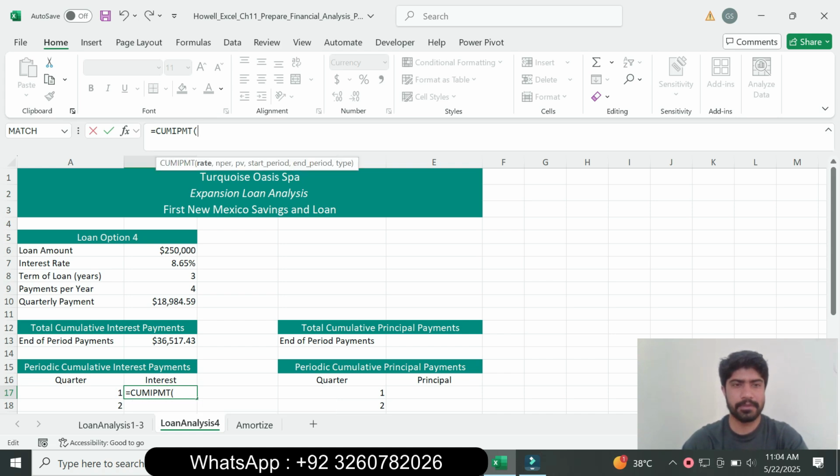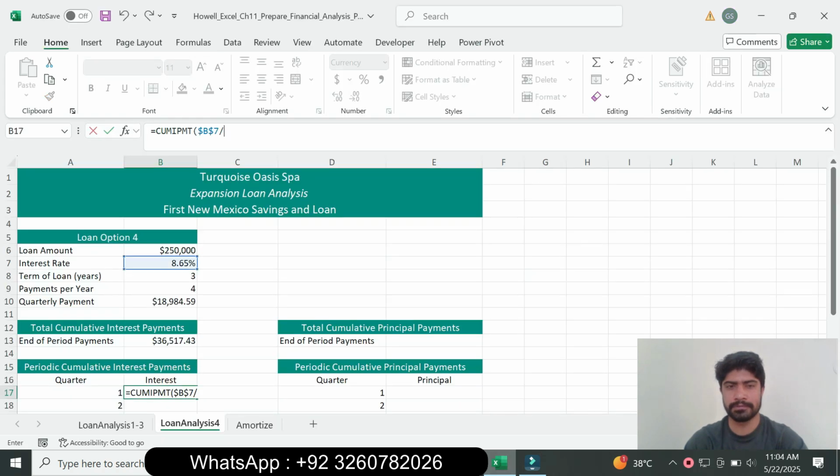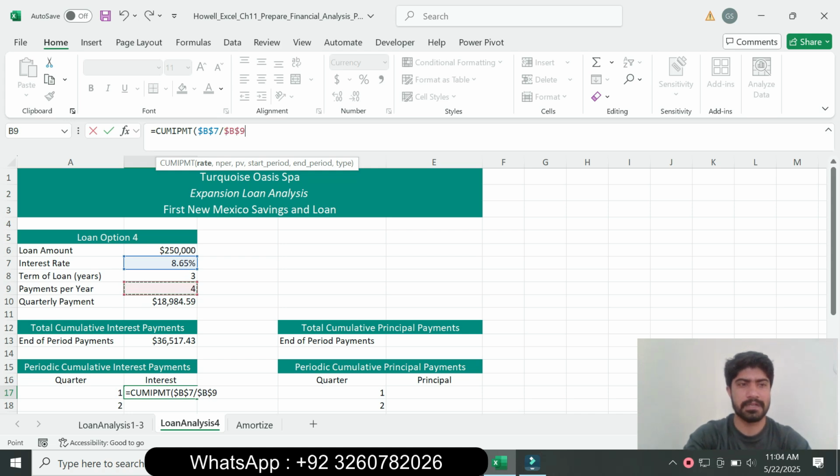Next is B7, the interest rate, and apply the absolute cell reference by pressing F4, divided by B9, the payments per year, also with F4.